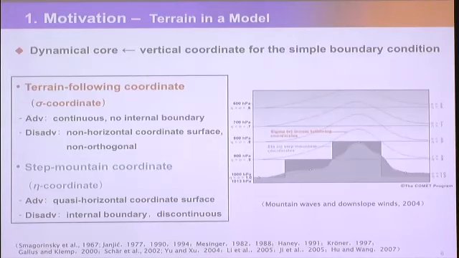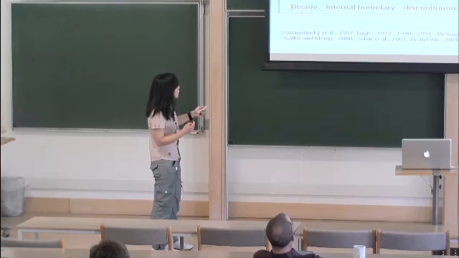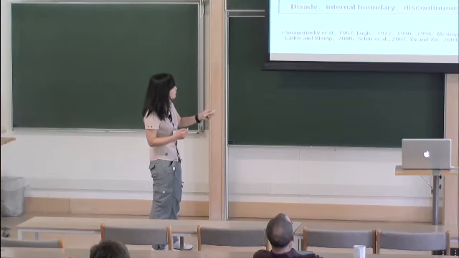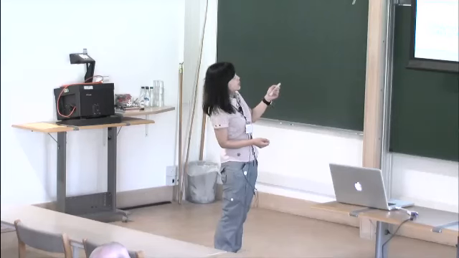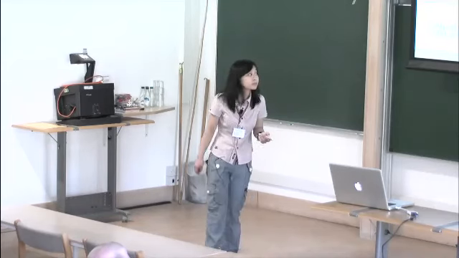In the terrain-following coordinate, we can handle continuous terrain, and there's no internal boundary, but the coordinate surface is non-horizontal. In the step mountain, we get a quasi-horizontal coordinate surface, but with internal boundaries, and it can handle discontinuous terrain. Until now, most atmospheric and ocean models use the terrain-following coordinate.